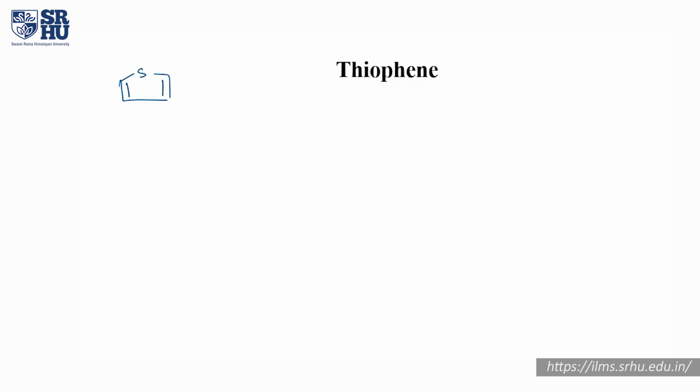Now, here you can see that sulfur is the heteroatom, and this thiophene is a colorless liquid. It has a boiling point of around 84 degrees centigrade.